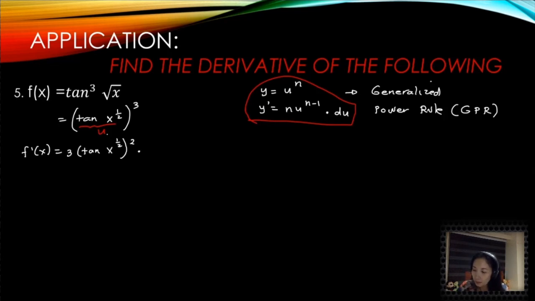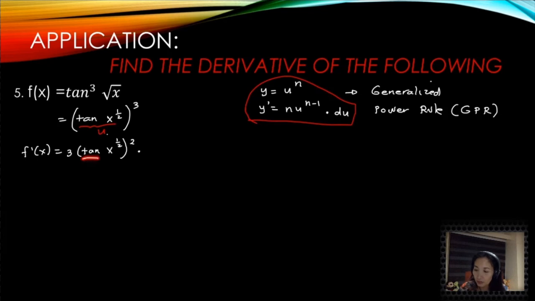Our u is not simply tangent x, so we have to apply the chain rule. Remember composition of functions? It's not simply tan x, but tan u. And what did we say about the derivative of tan u? Secant squared u times du.